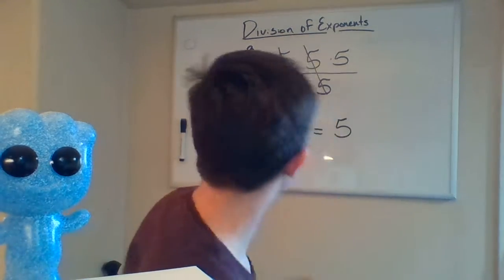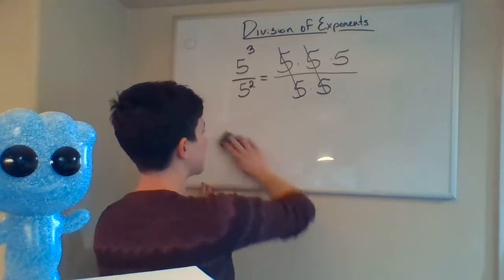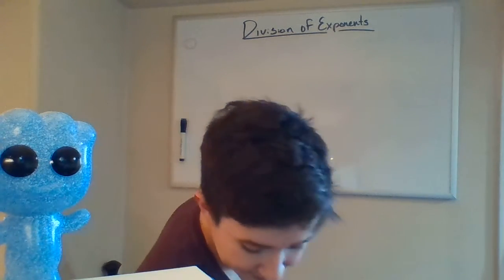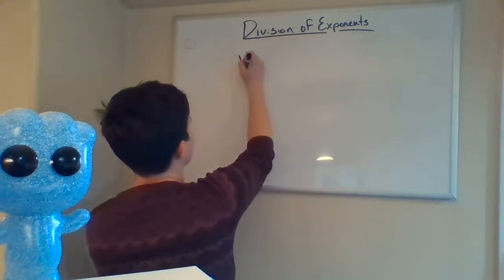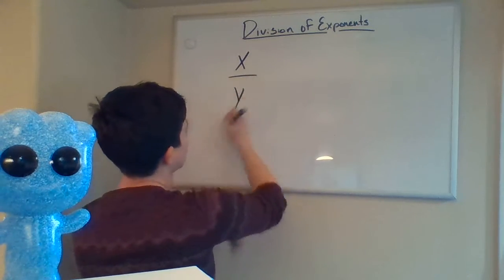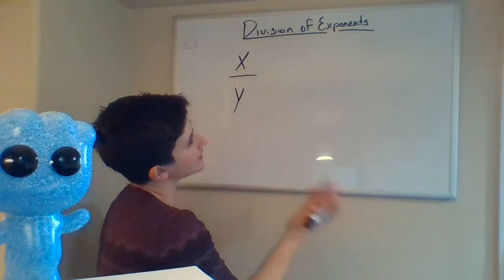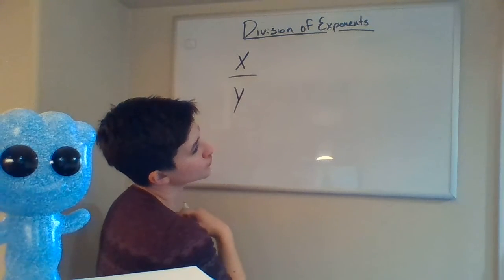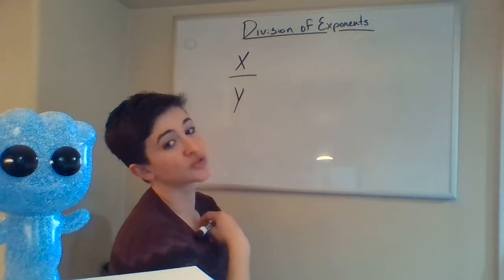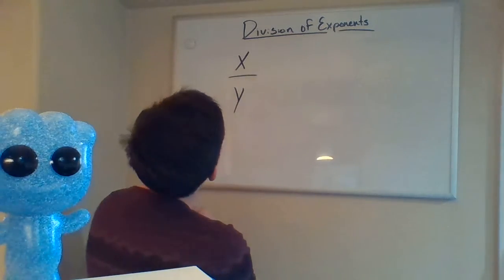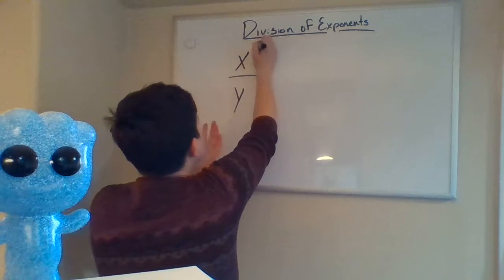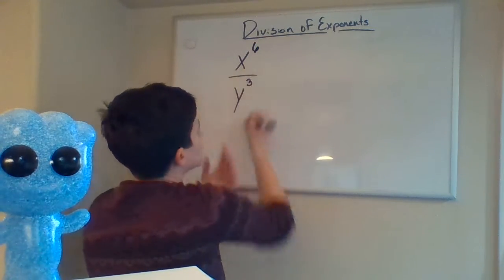Let's try another one, and this one I'm actually going to use multiple variables. So I have x and y. Let's say I have x to the 6th over y to the third power.